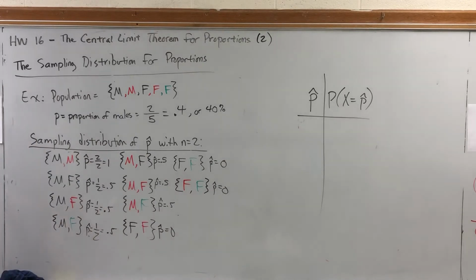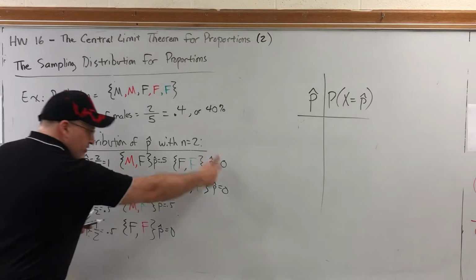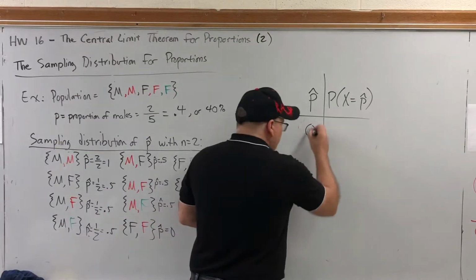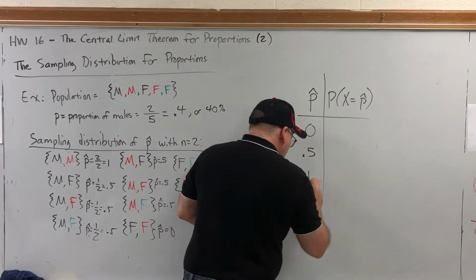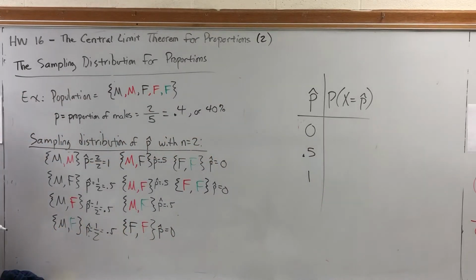And now we can make our distribution of p-hat, our sampling distribution, by listing every possible p-hat value. Even though we had 10 of them, there were only 3 different values, 0, 0.5, and 1. And now we can figure out the probability of these occurring by simply asking how many out of the 10 samples have a certain p-hat value.